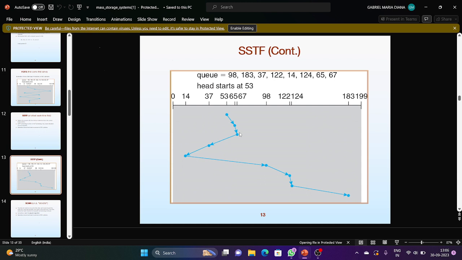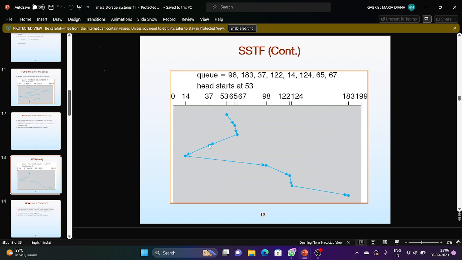It started from 53, and since 65 and 67 are closer, it served them first. Then later it served 37, which is closer to 53.